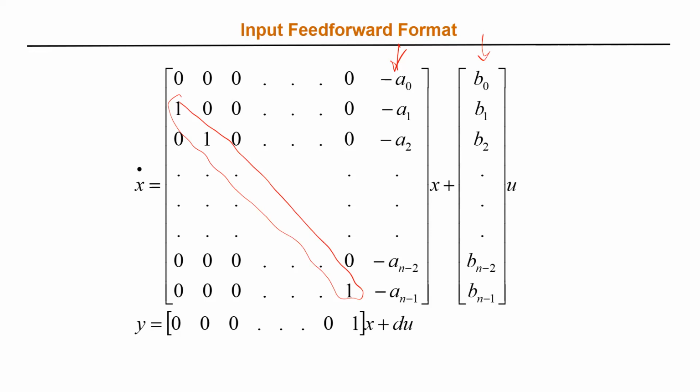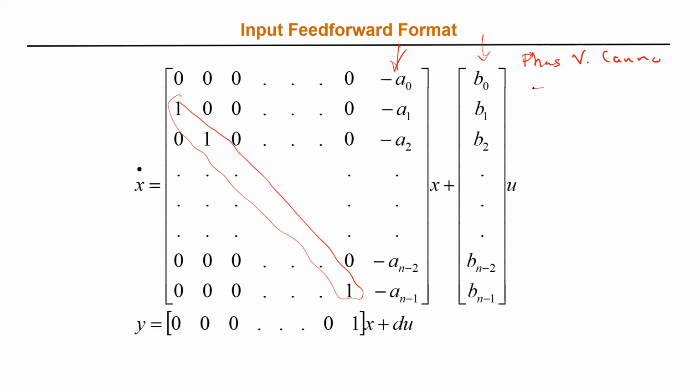So if I have a transfer function and I already have the phase variable canonical form, I can relate it directly to this one. Remember, let's take 3 by 3 and it will be clear. Suppose I have the 3 by 3 for the phase variable canonical form.